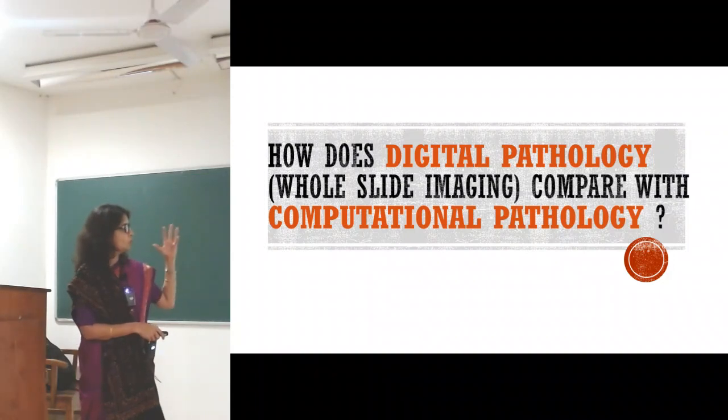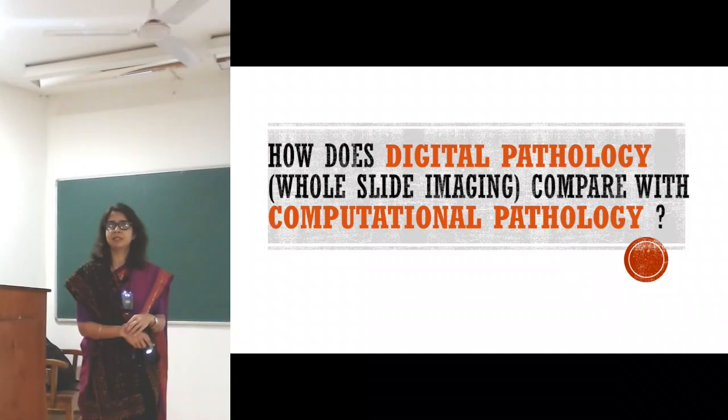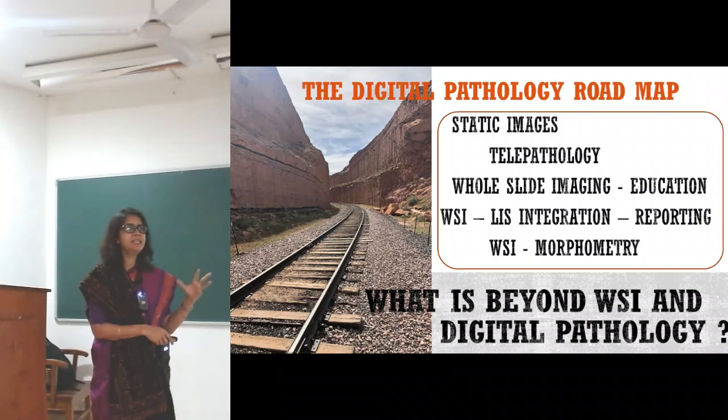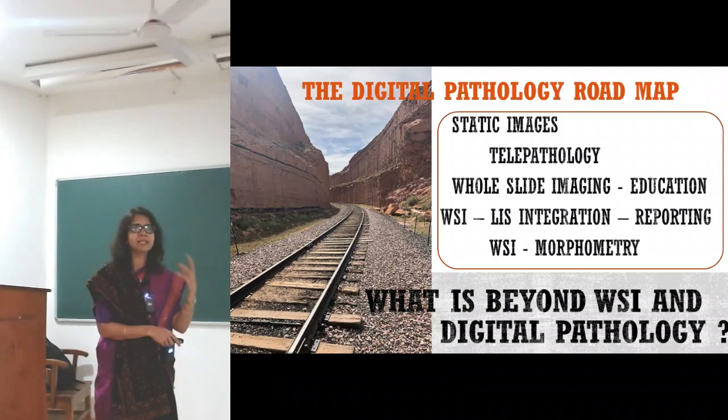So what is digital pathology and what is computational pathology? Can anybody tell me? What is the difference? So just scanning histopathology slides and reporting on them, which is what we've been doing for decades now. The scanners came into the picture in the early 2000s, and we were using them for education, we were using them for morphometry, we were looking at cells in greater detail, and using computer techniques to measure nuclear size.